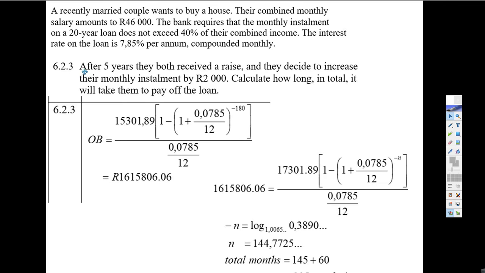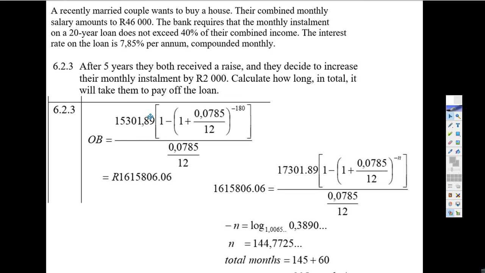Okay, something happens. After 5 years, they both received a raise, and they decided to increase their monthly installment by 2,000 Rand. Calculate how long in total it'll take them to pay it off. Well, the first thing we have to figure out is how much they owed after 5 years, the outstanding balance, like how much was owing on the loan, because that's the new loan they're going to have to renegotiate after 5 years.